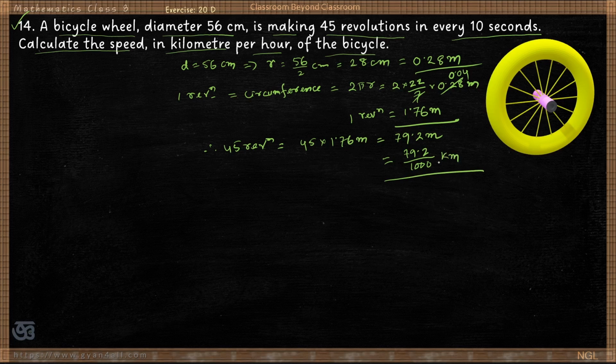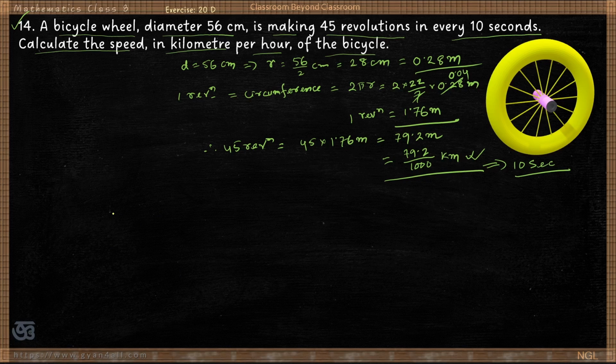In 45 revolutions, this much distance is traveled. Now for that, how much time is taken? It takes 10 seconds. That means every 10 seconds 45 revolutions.